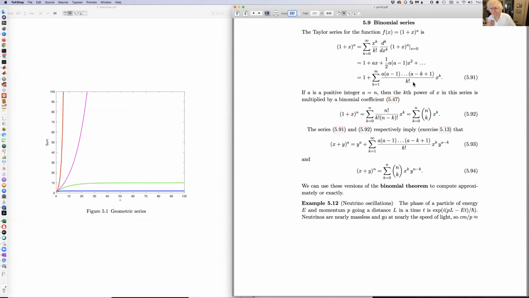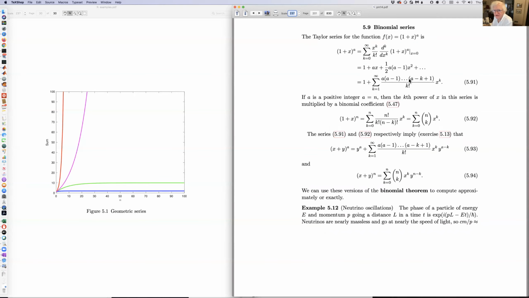On the other hand, these things in the numerator also have k's, so it's not obvious to me immediately how convergent this thing is, or what the radius of convergence of this is.